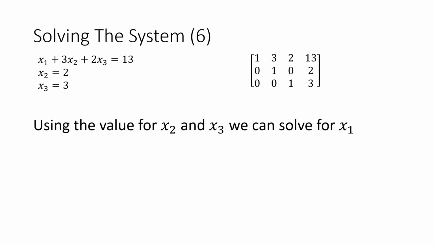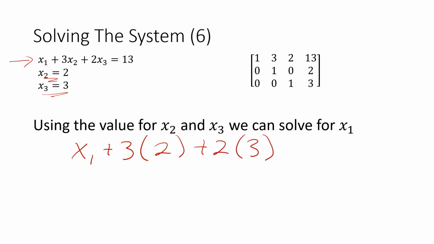Let's plug it into my next one. I have x3 equals 3, x2 equals 2. I can use that first equation now to solve for x1. So x1 plus 3 times x2, which is 2, plus 2 times x3, which is 3, equals 13.